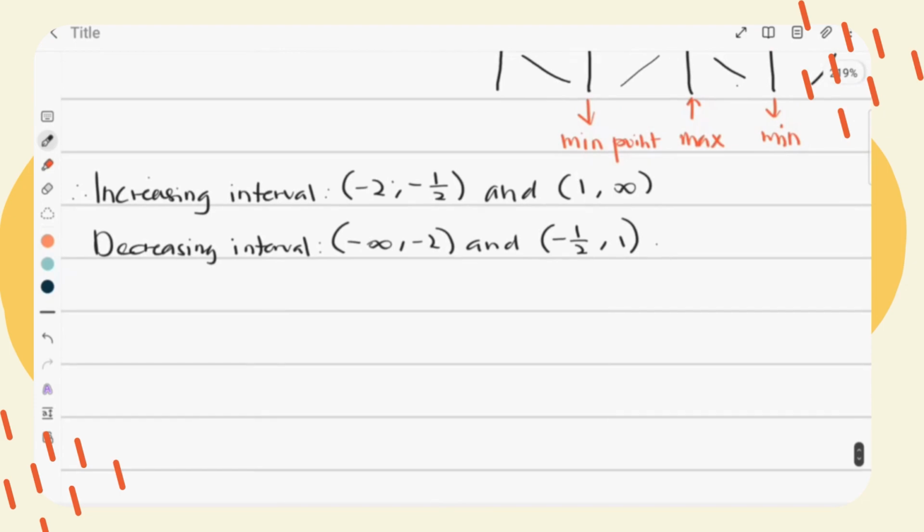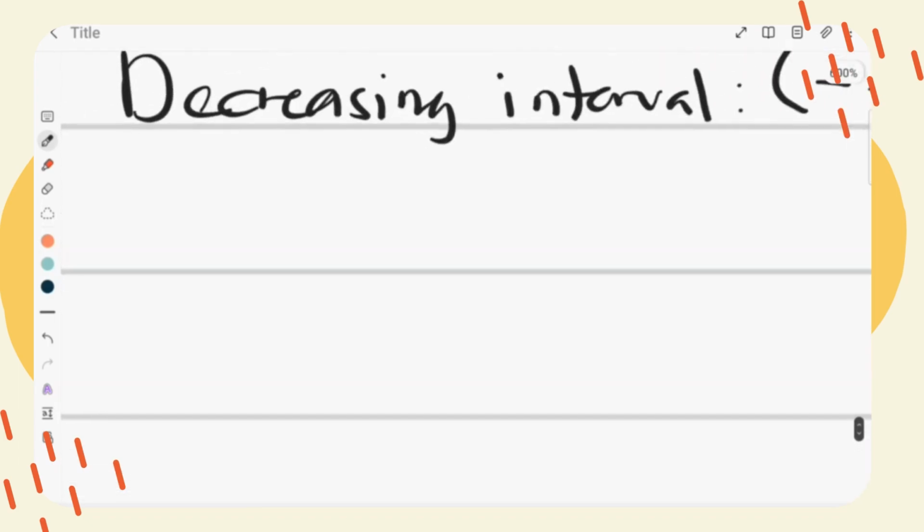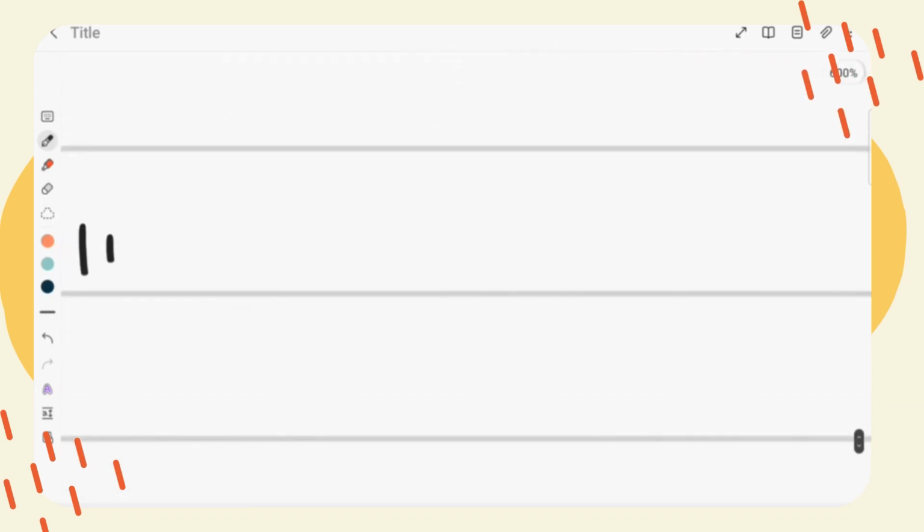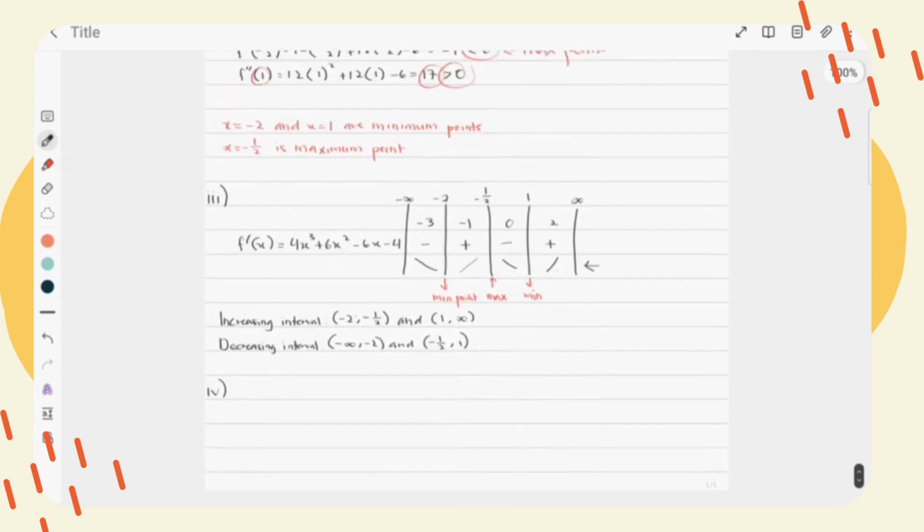So for the last question, we have to sketch the graph. Before we sketch the graph, we have to find the y value.